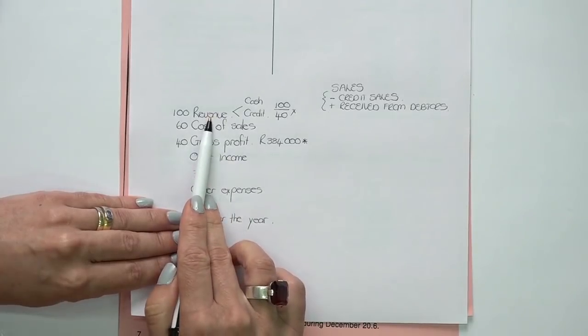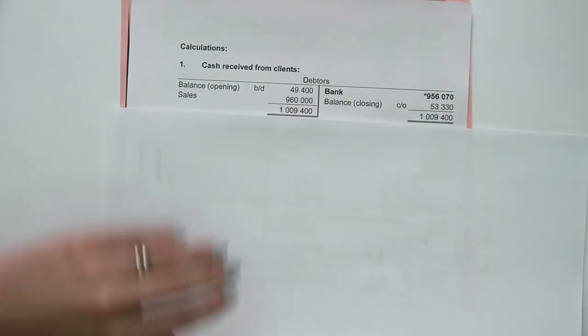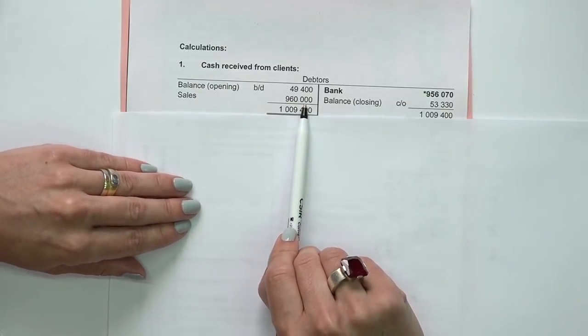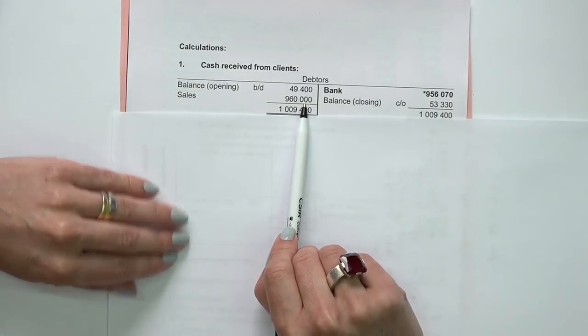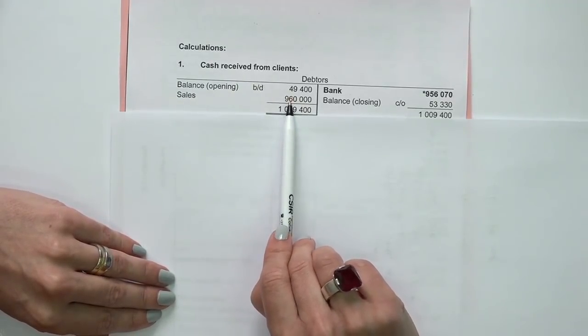So my revenue amount, which I will include in my debtors control account as sales, is the 960,000 Rand. I used my gross profit and my profit markup percentage to get to the sales amount.